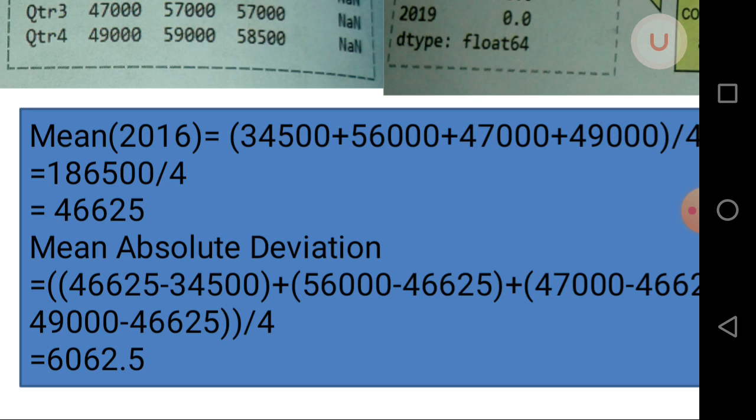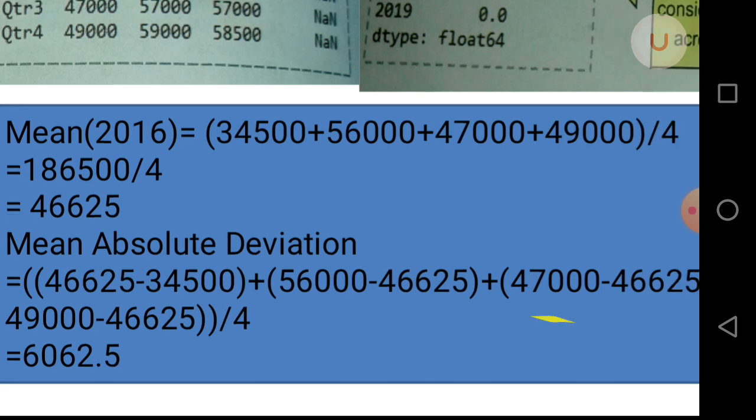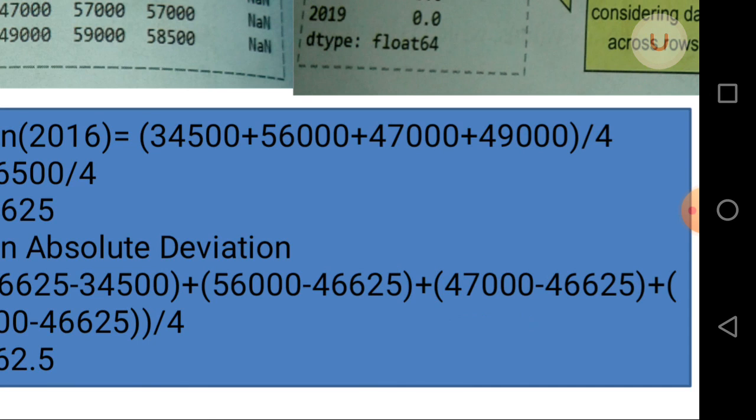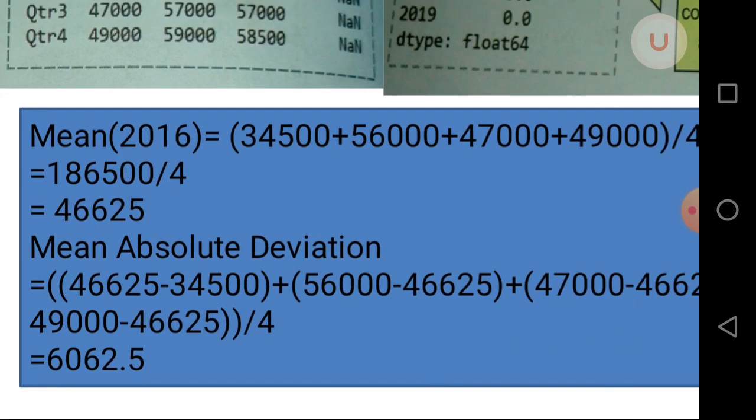It is because we want to calculate only positive values here. Because the term absolute is there, and absolute means only positive values will be concerned. So when we take the difference between values and mean, we take only the positive value. And the third value is 47,000 minus 46,625, and the fourth value is 49,000 minus 46,625, and then we divide it by 4.